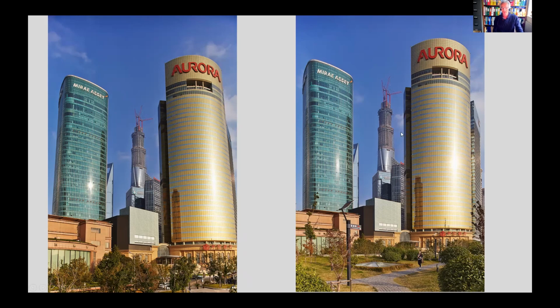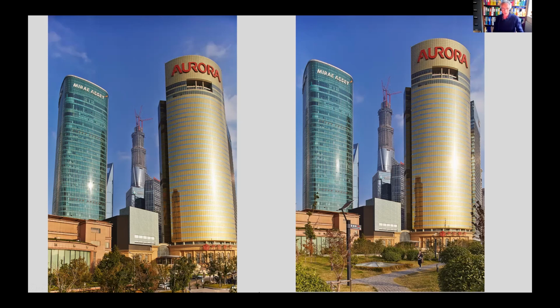So I then had these buildings perfectly vertical. All their vertical lines are vertical and parallel, so they've got the correct perspective. This is a good example of technically correct architectural photography. It's a shame that the buildings aren't particularly interesting in terms of architecture, but that's the way things go.